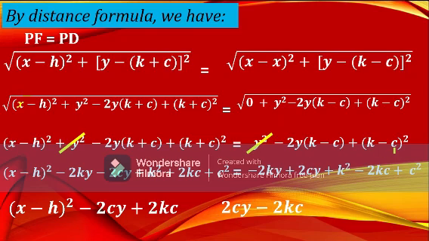We're going to expand this one, so square the first term, which is k squared, twice the product of the first and the second term, that is negative 2kc, square the last term, that is plus c squared.